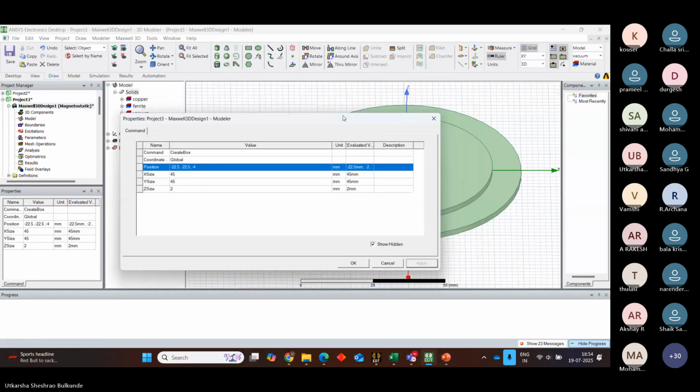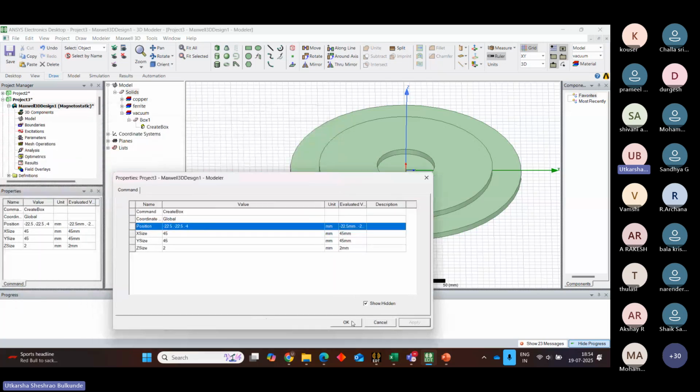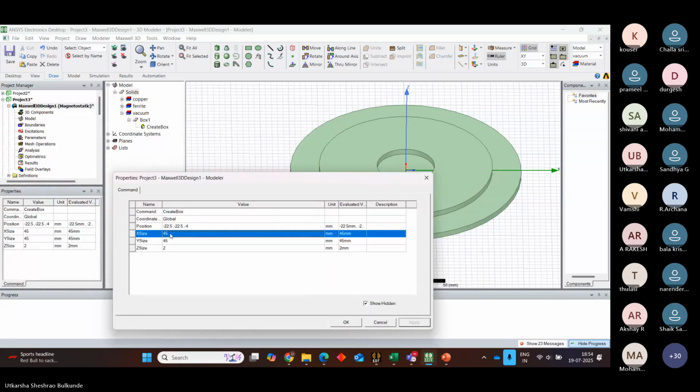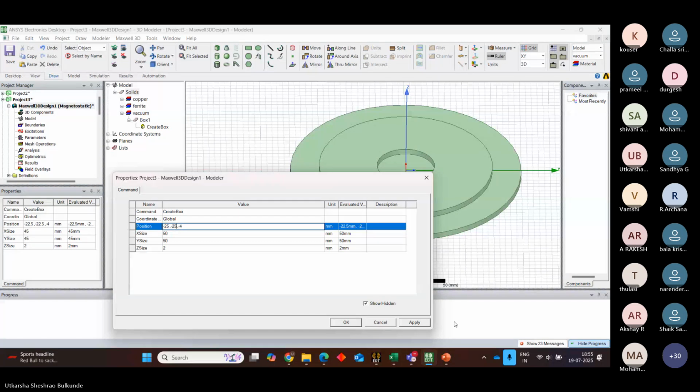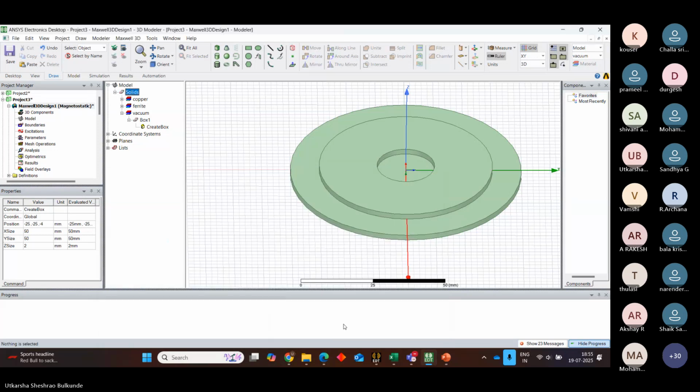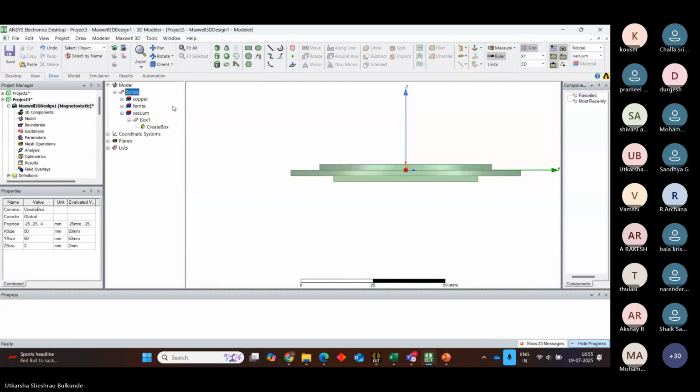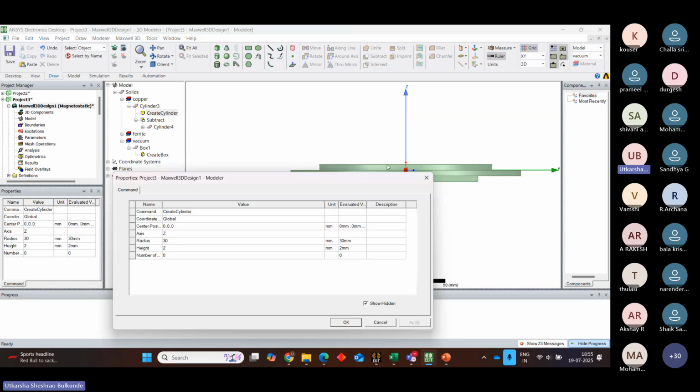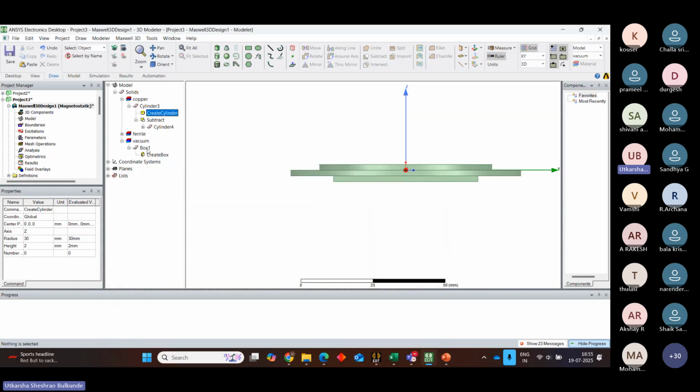Okay, I think we need more than this. 50. The size of the plate is too small. We'll just increase the size.